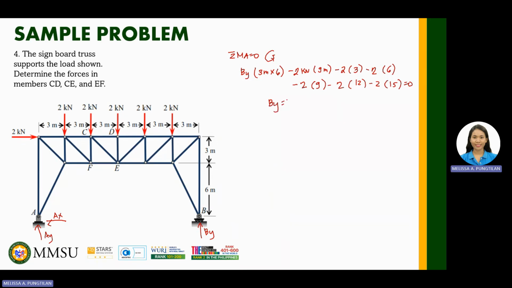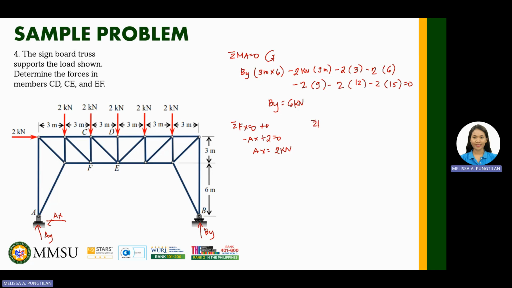So, BY is equal to 18 minus 18 minus 6 minus 12 minus 18 minus 24 minus 30. Therefore, BY is equal to 6 kilonewton. And then taking the summation of forces X is equal to 0, to the right as positive. So, we have negative AX plus 2 kilonewton is equal to 0. So, AX is also equal to 2 kilonewton.